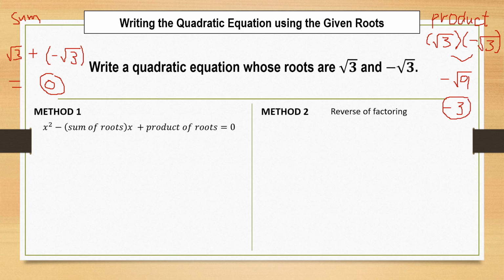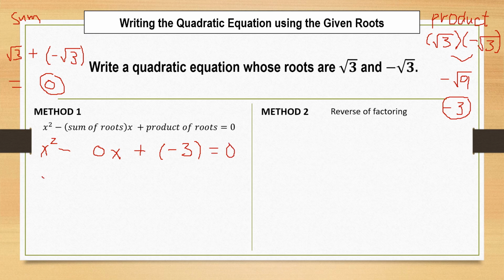Now let us substitute these values in the given formula. So we have x squared minus the sum of the roots, which is 0, x plus the product of the roots, which is negative 3.